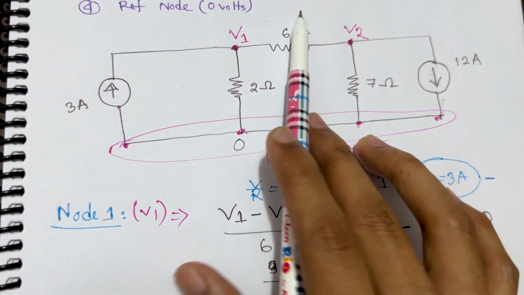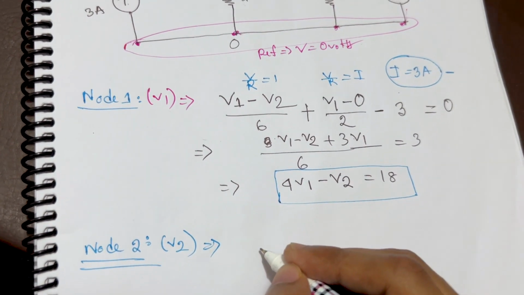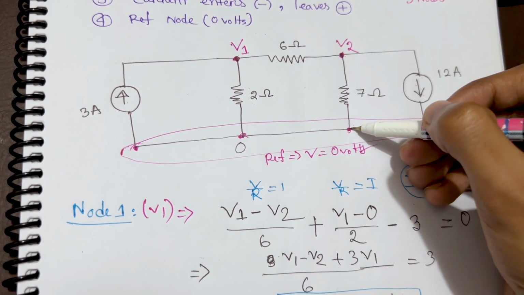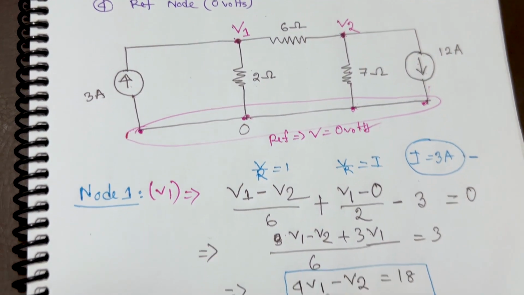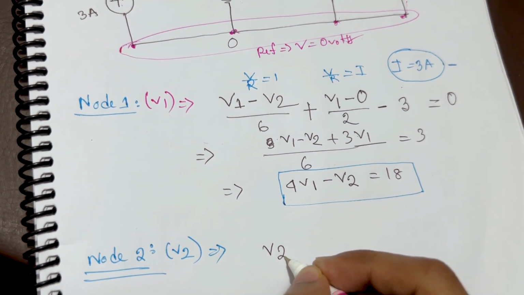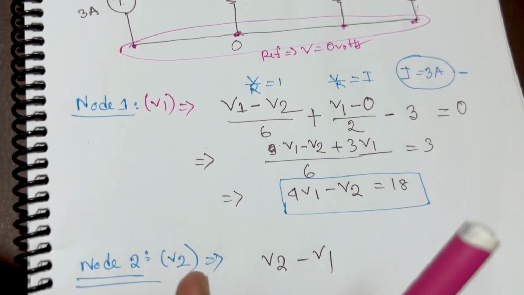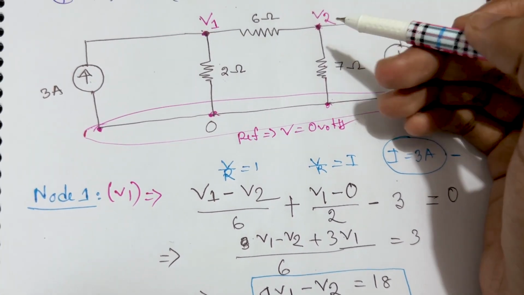So V1 was the leader, now V2 would be the leader, so that is the most important thing. Now I need to work with, suppose, V2 minus 0 or V2 minus V1. So V2 minus V1, it can never be V1 minus V2 because we are working for node 2, so it should be the leader. Everything we consider from V2.